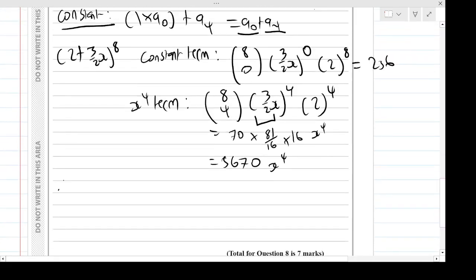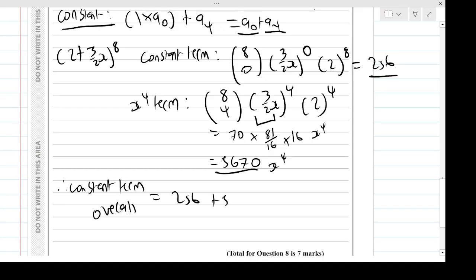So therefore constant term overall from the double bracket, that's going to be the 256 here, added the coefficient here, 5670, and then that would be 5926, and there we are.